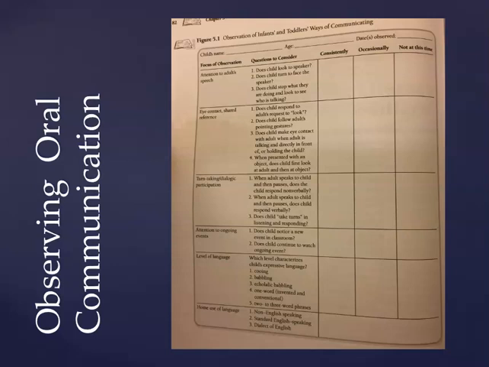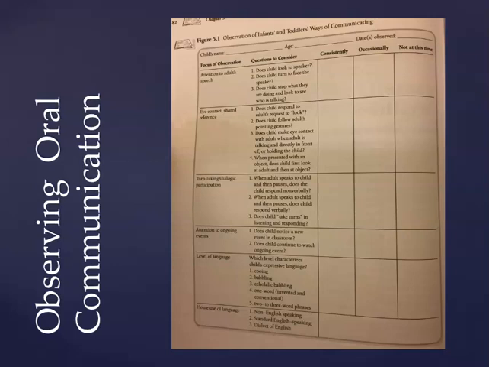And here you'll see that by looking at the attention that they place to adult speech, the eye contact and the shared reference, the turn taking and the participation in dialogic kinds of conversations, the attention to ongoing events and the level of language and the home and the use of home language, is all going to give you clues as to how that child communicates and what is sort of their level of oral language development.